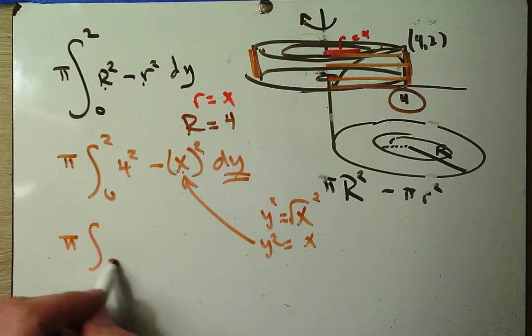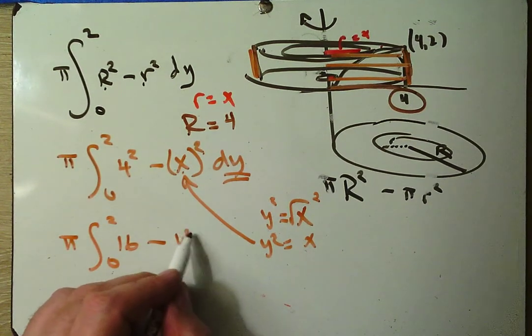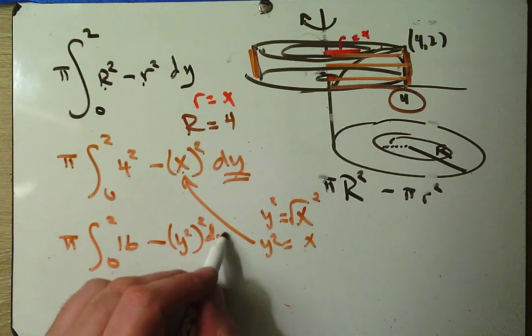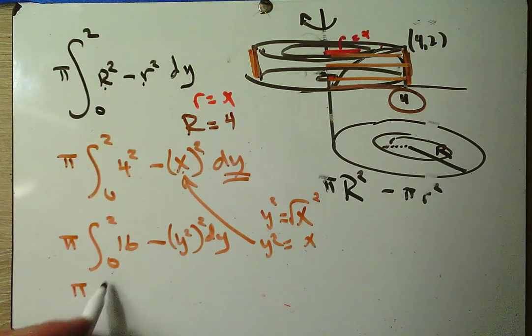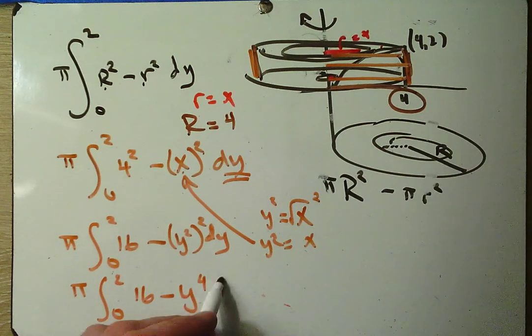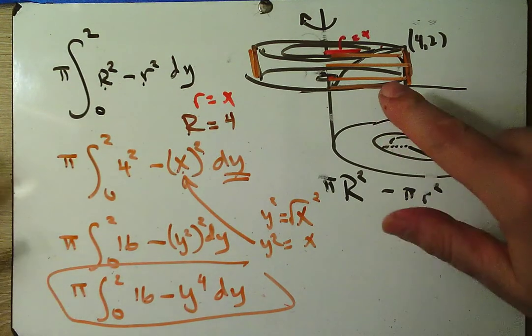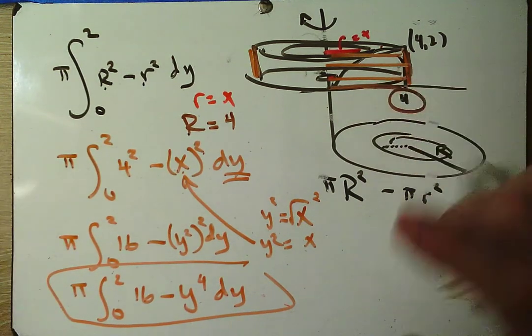So I'll have pi, 0 to 2, 16 minus y squared squared dy, or pi, 0 to 2, 16 minus y to the 4th dy. It's going to be a very easy integral to do. The hard part is in identifying my little r and my big R.